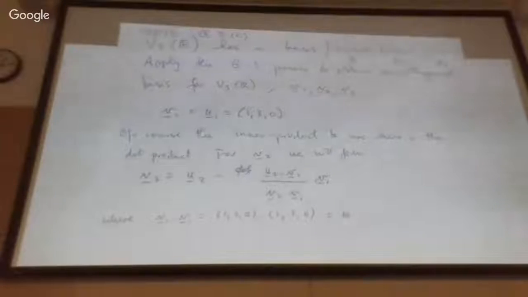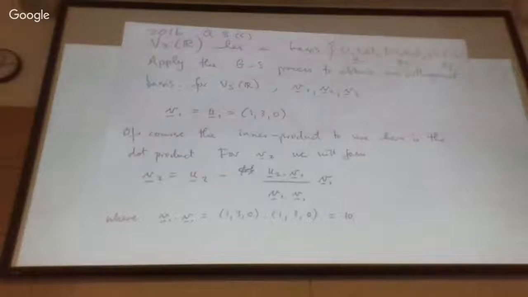Okay? So some of these values we need to work out. V1 with V1, that's the dot product of (1, 3, 0) with itself, which would be 10. The sum of the products of corresponding terms: 1 times 1 plus 3 times 3 plus 0, so 10.